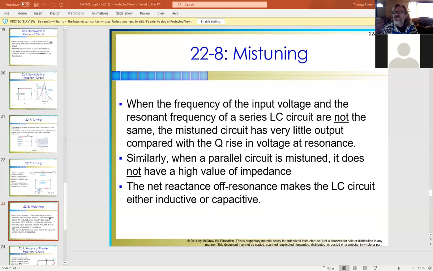Now, if we've gone through some of these circuits, we'll notice, like when he makes a statement with the parallel circuit, that when it's in tune, it does not have a very high value of impedance, whereas a series one would. It's just the nature of how that's laid out.